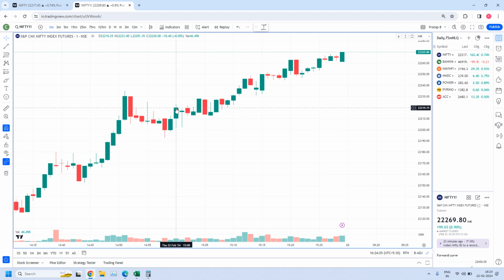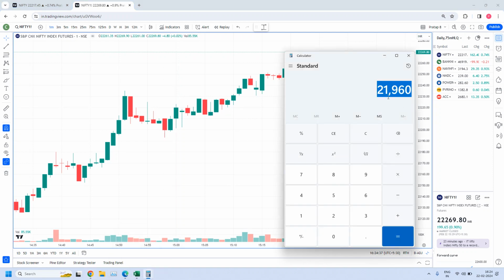Sorry for my mistake. The rounded value is 22,220. So this is the futures calculator, minus 22,220. This is the value.